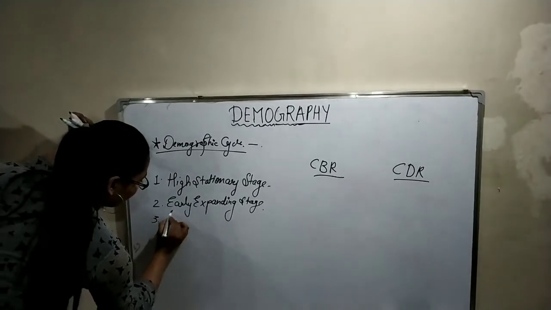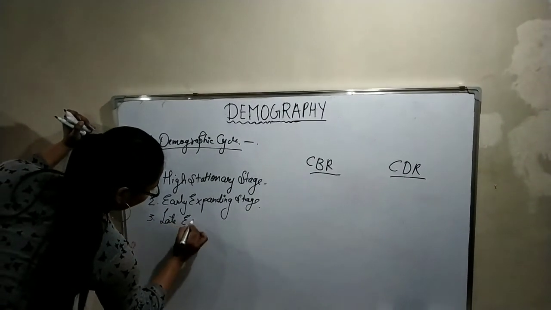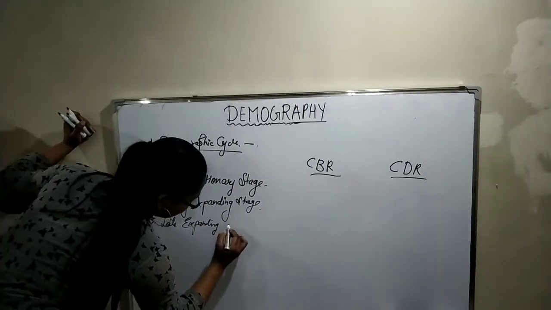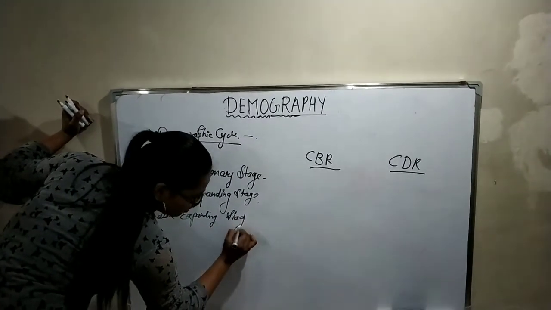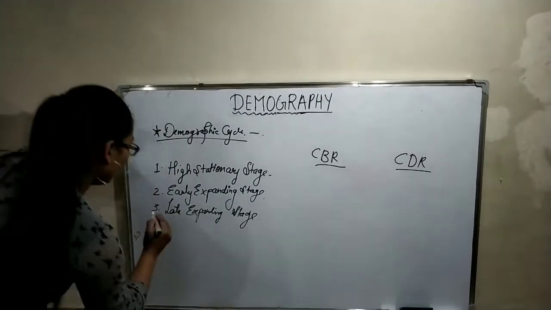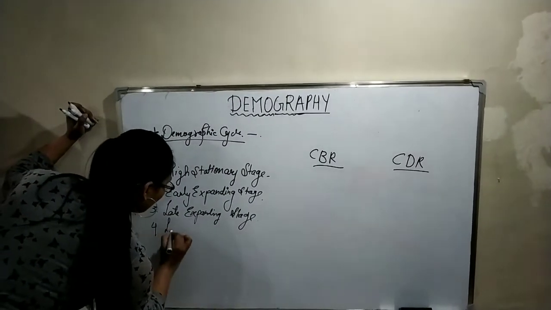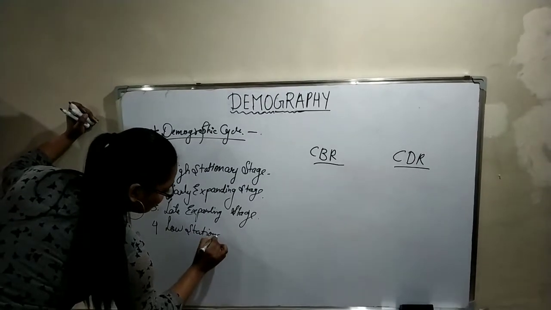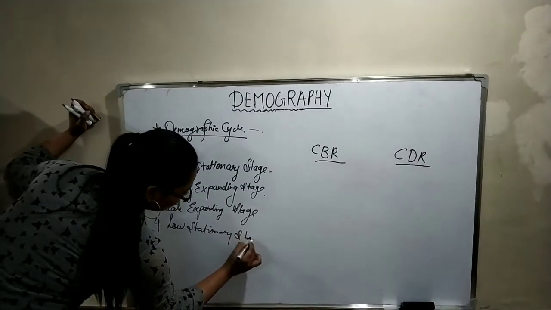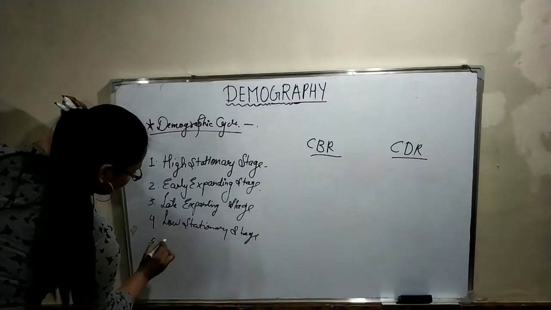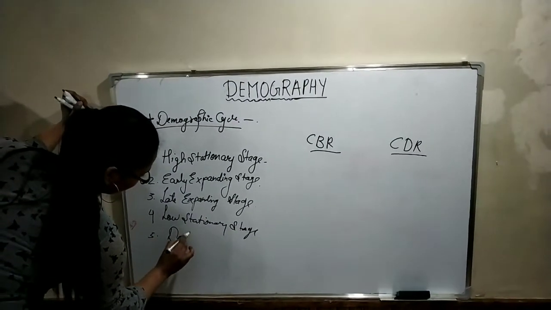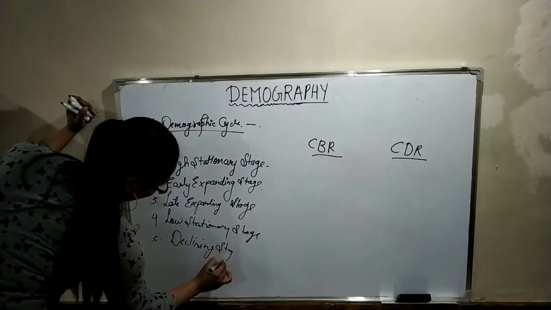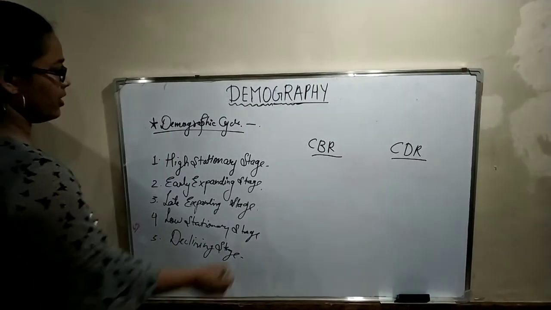Third is late expanding stage. And the fourth is low stationary stage. And the fifth is declining stage. So let's discuss one by one.